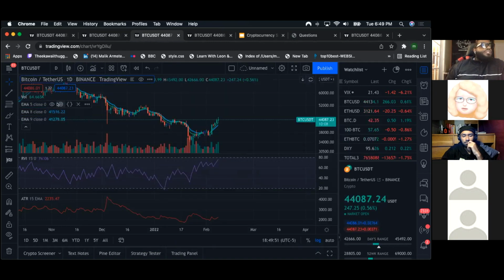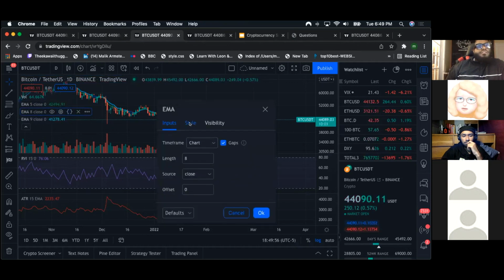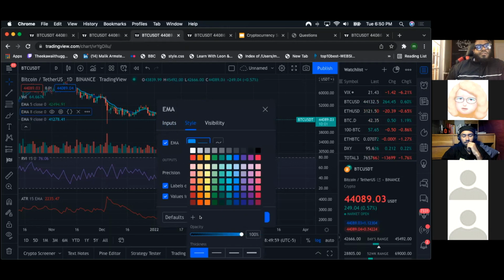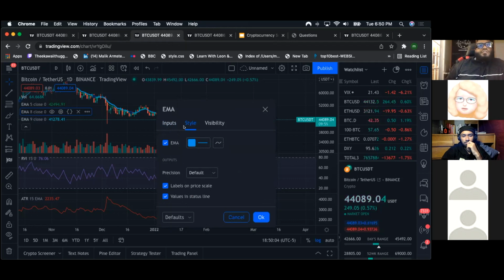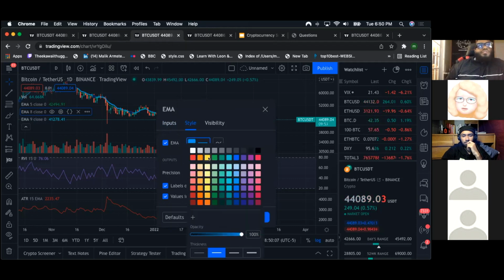The colors I'm going to use are green, and we're going to use yellow right here. I'll make it a little fatter.